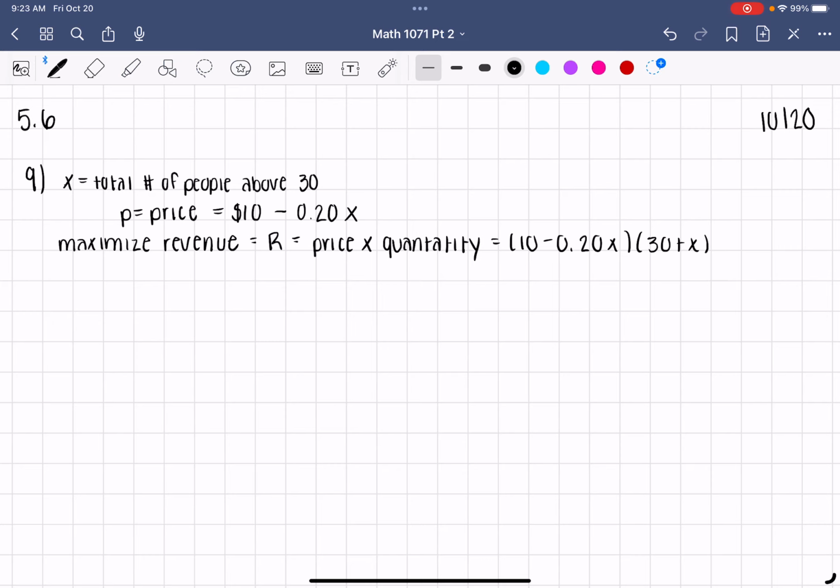10 times 30, 300, minus, here I have 10x, FOIL, so 10 times x minus, and here I have 30 times 0.2x minus 0.2x squared. Is FOIL okay with everyone? Multiply these guys here. Multiply these guys here.